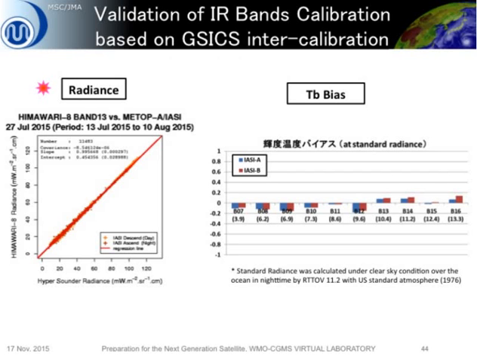Both of two observations agree very well. And right figure shows brightness temperature biases between those two satellites, Himawari 8 and METOP, for all infrared bands. Those biases are very small and they are within 0.2 Kelvin.